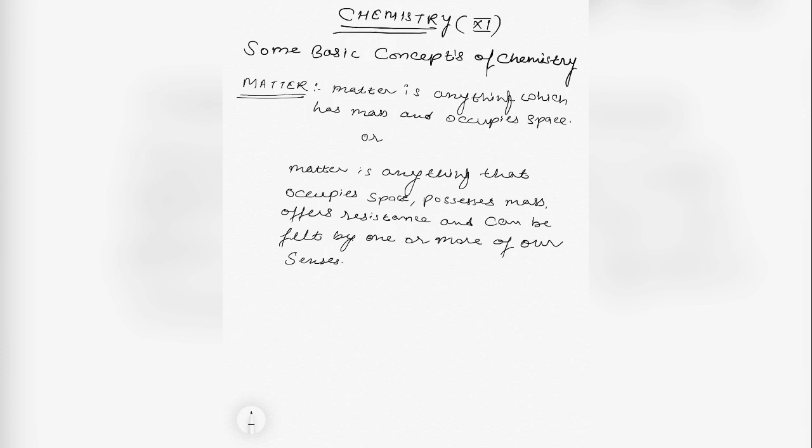Matter is anything that occupies space, possesses mass, and offers resistance. It means if we are moving any object from one place to another place, it offers resistance and can be felt by our senses.